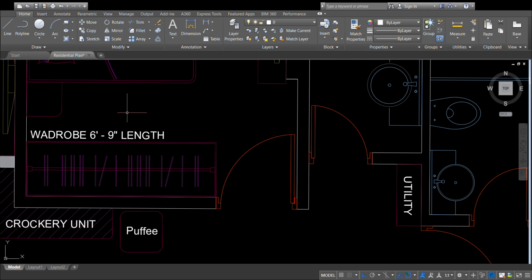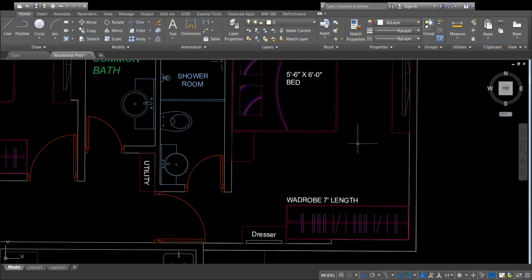So for such compact places or compact bedrooms, we will prefer a sliding shutter for the wardrobe. And if you have more space, openable shutters is the best option for the wardrobes. So there has to be easy access to the wardrobes and even the other storages.